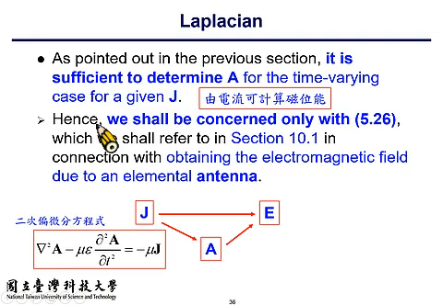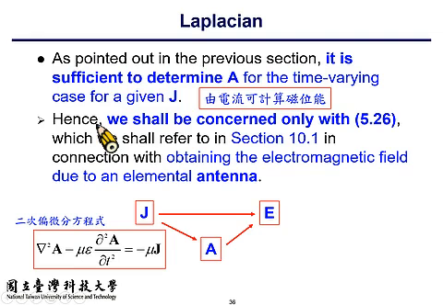We don't have to solve E and H fields directly from electrical and current sources. We can simply solve them in terms of magnetic vector potential and electrical scalar potential, then perform differentiation to get the E and H field that we need. All right?